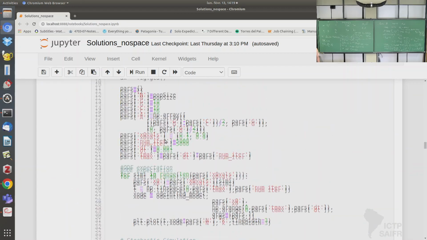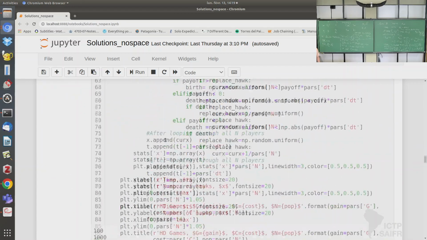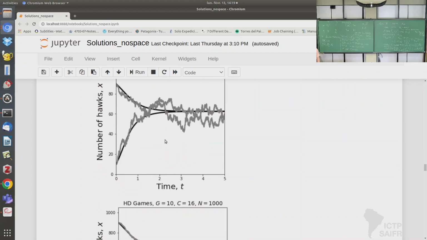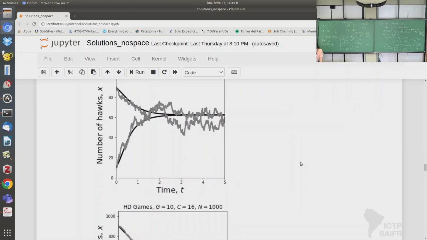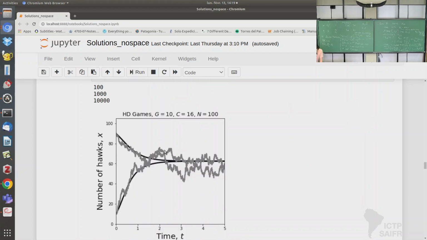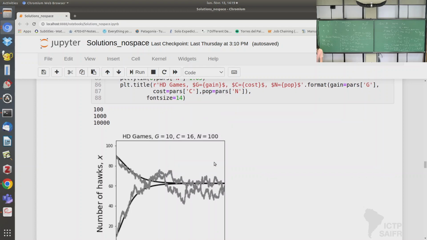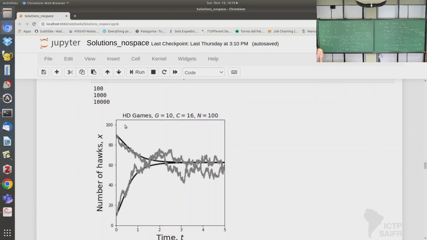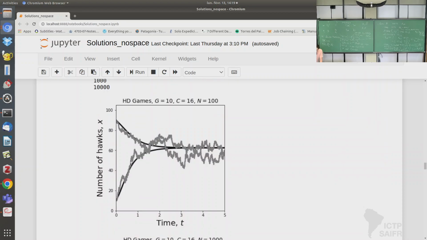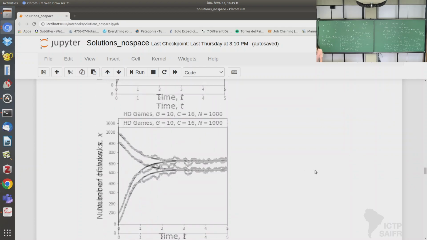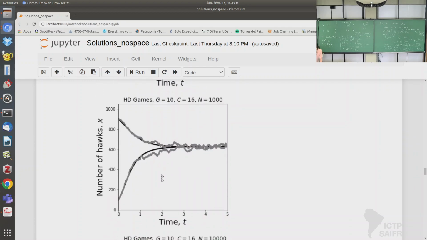And then what you could do if you had more time, this actually takes a little while to run. So even if you were done with the code, you wouldn't have time to run it. But what you see is that for n equal 100, you have a certain size of fluctuations. For n equal 1000, the relative size of the fluctuation is smaller.